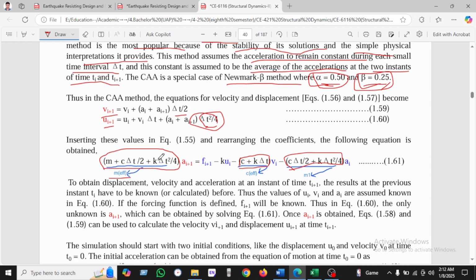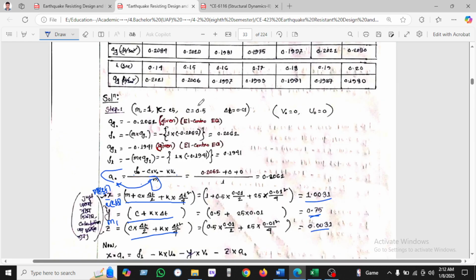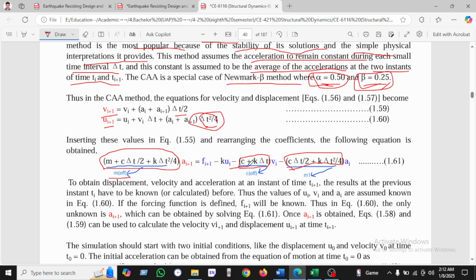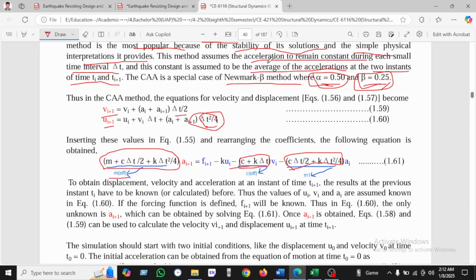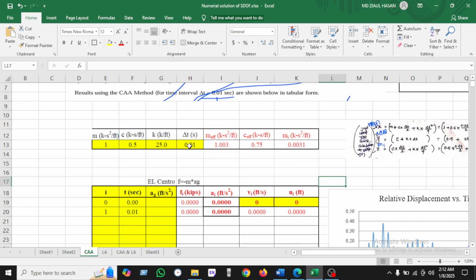This is the M effective, this is the C effective, and this is M1. If we calculate here, you can see M effective, C effective, and M1.